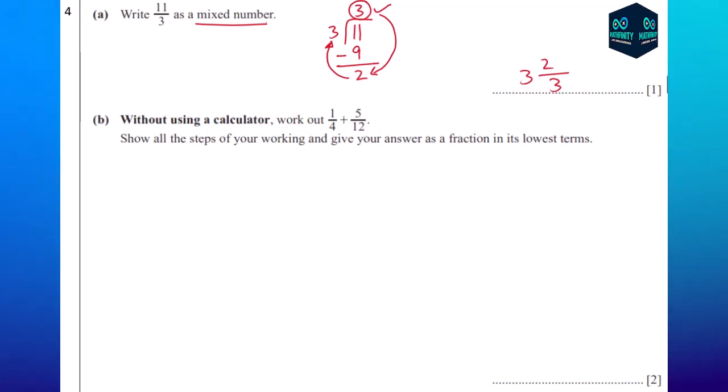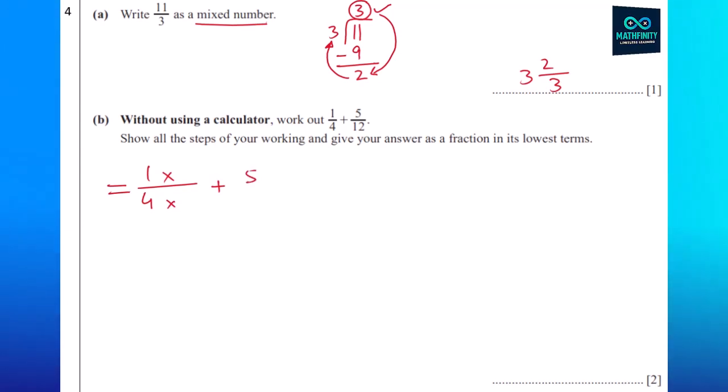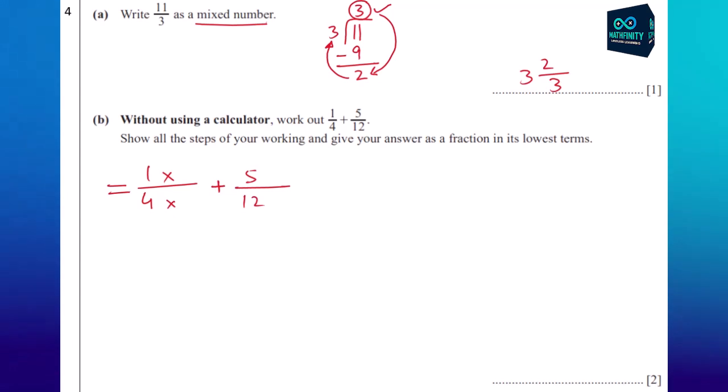B part, without using a calculator, work out 1 over 4 plus 1 5 over 12. Show all your steps. So there is no mixed number. We will write 1 over 4 plus 5 over 12. In question number 1, the same denominator was there.